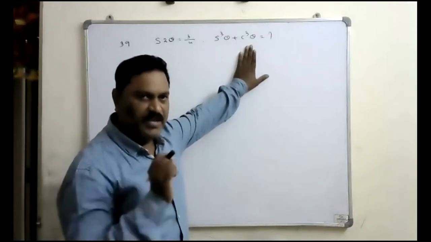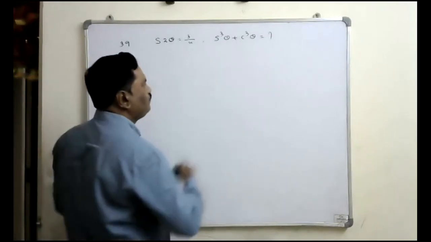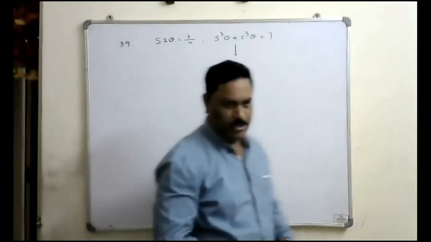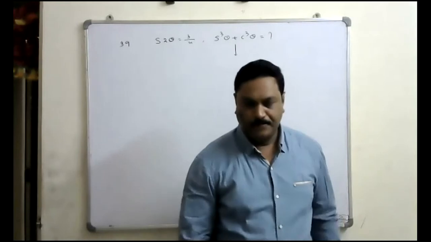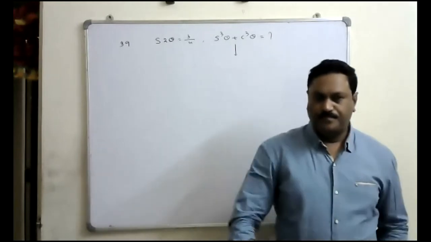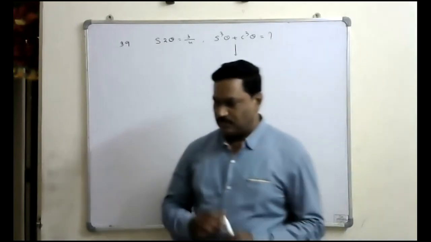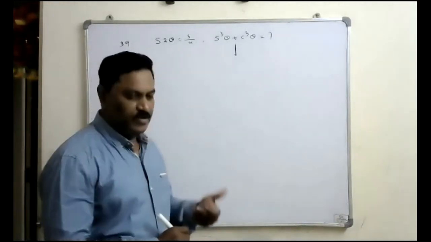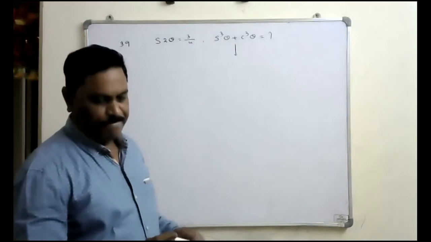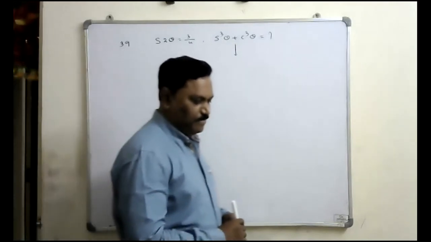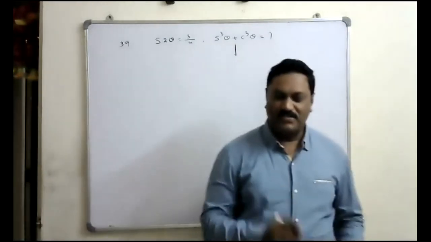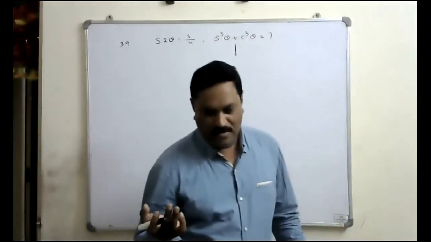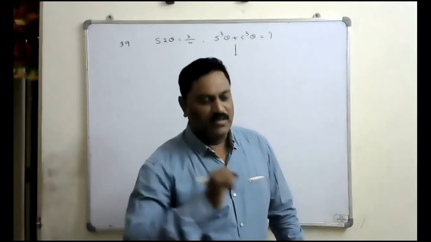What is the formula for A cube plus B cube? A plus B into A square minus AB plus B square. That is one factor.